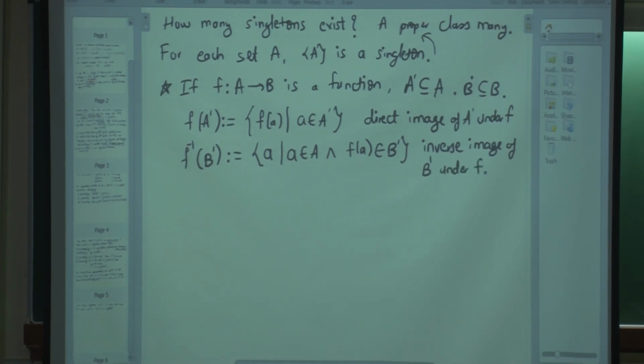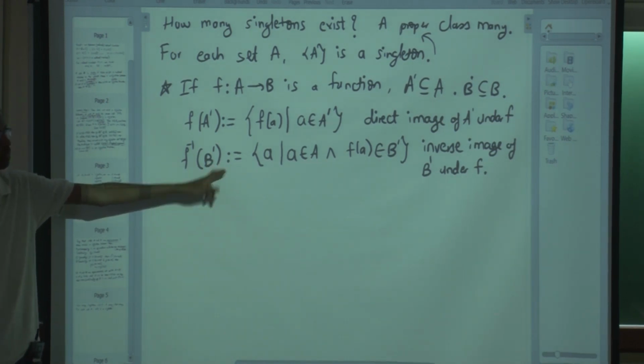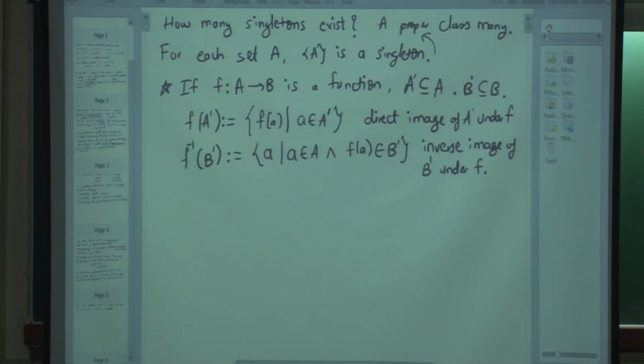So shouldn't a belong to A prime? No, in the first one yes, but not here, because when we are defining f inverse of B prime, we are not using A prime at all. These are two independent statements. The direct image of A prime and inverse image of B prime are two independent statements.